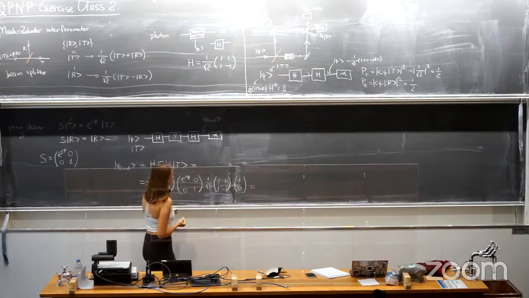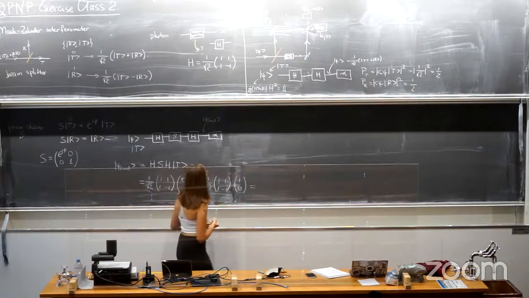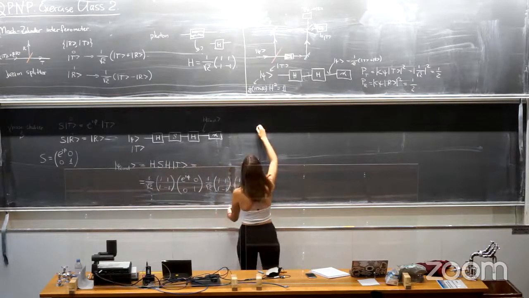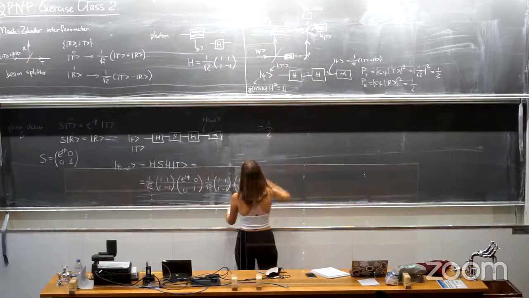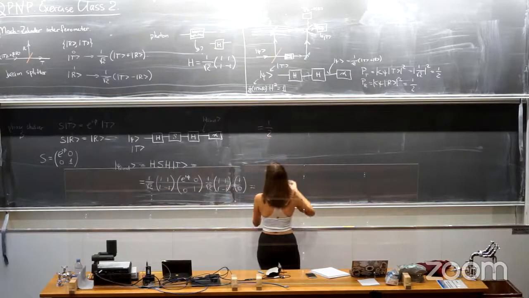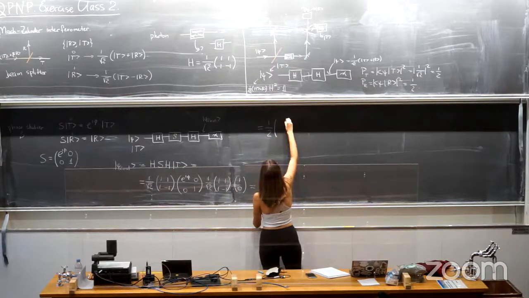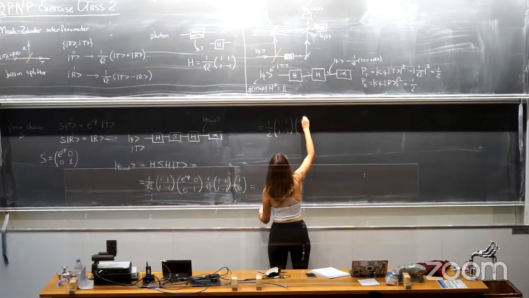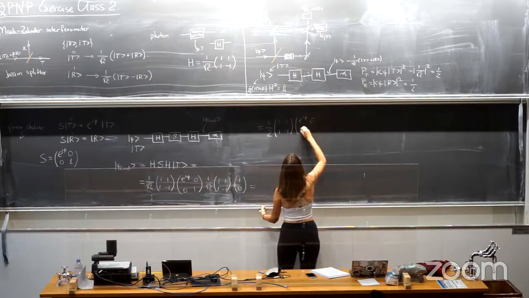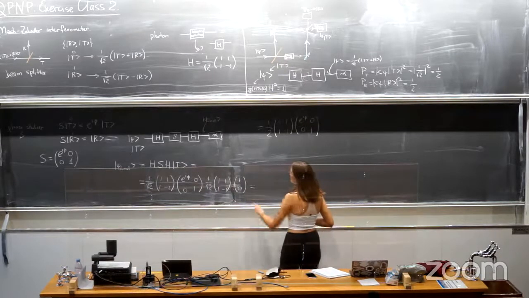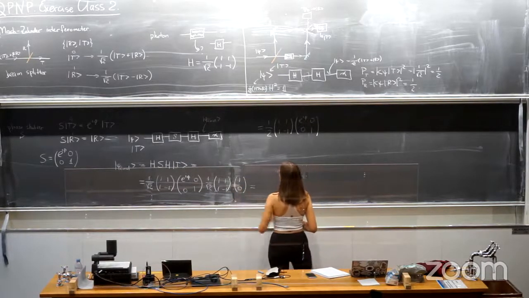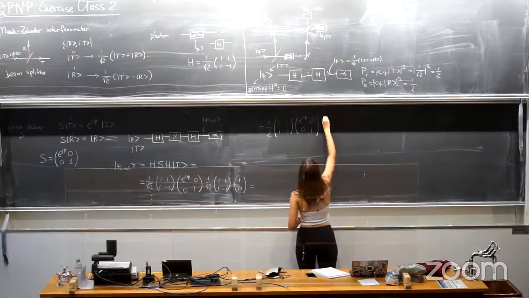Let us do this step by step. Here we have 1 over the square root of 2 times the matrix 1, 1, 1, minus 1, then e to the power i phi, 0, 0, 1. Then we act with the Hadamard on 1, 0. What we get is 1, 1.